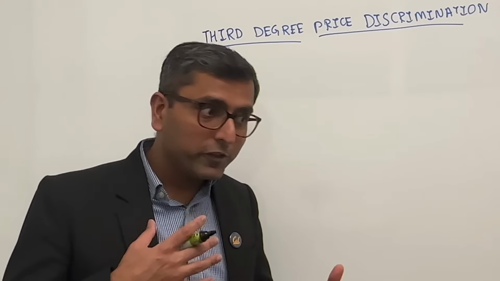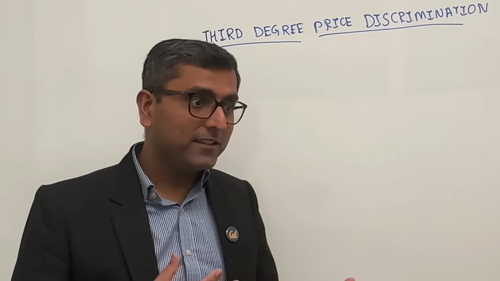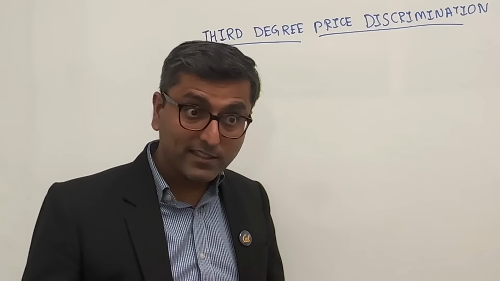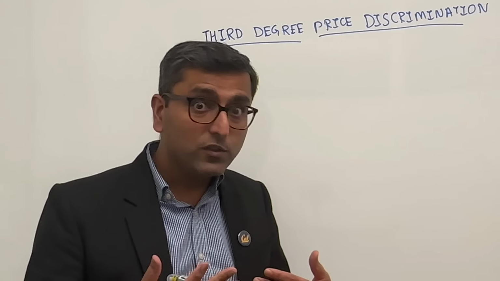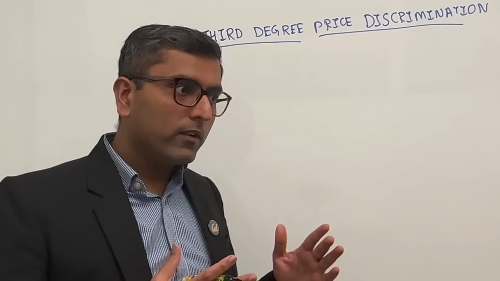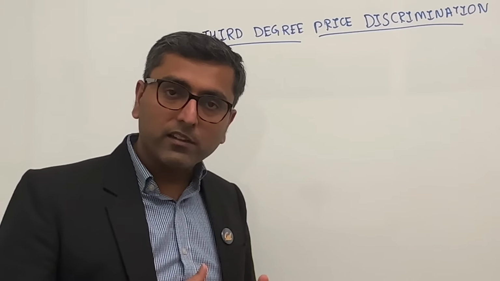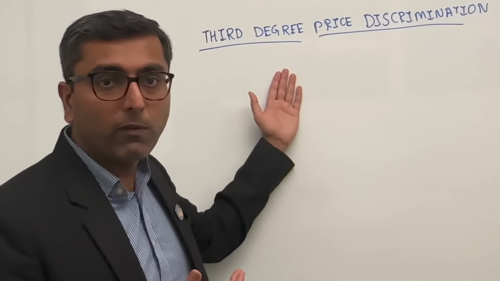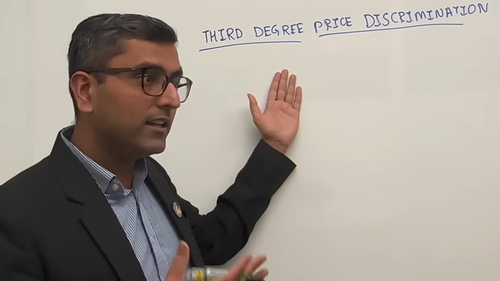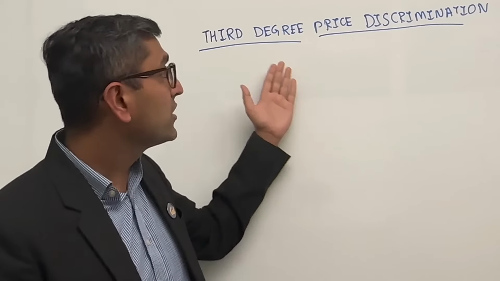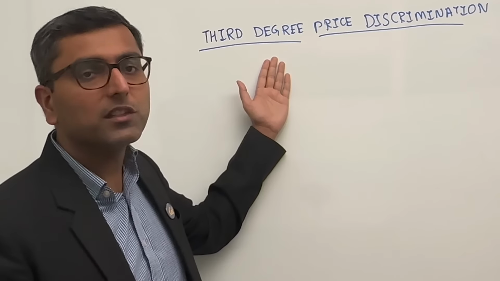But if you're going on a leisure trip and you have flexibility and options, you would want much lower prices and you would even want to change which days you travel. So if the demand curve is very different for two customer segments, you can divide those customers into groups and charge differently for different groups. That's third degree price discrimination.